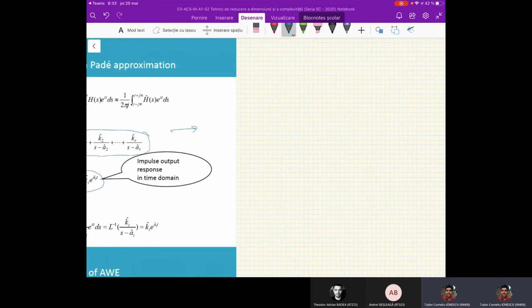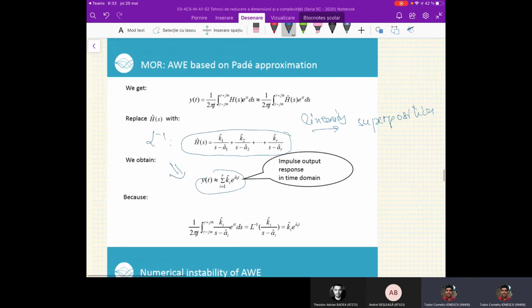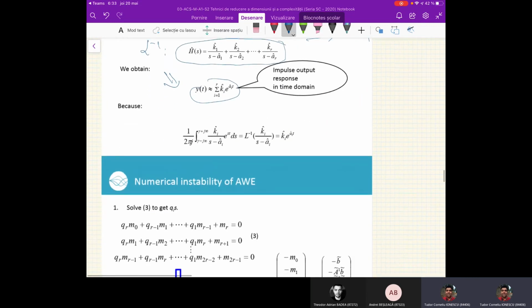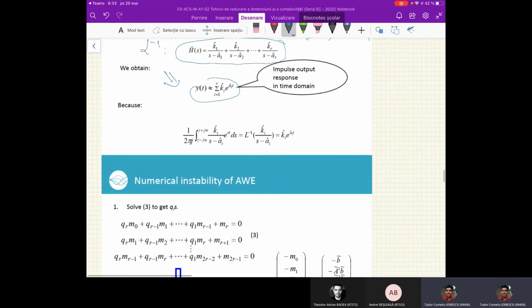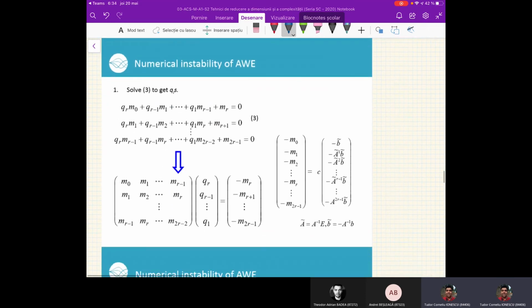So once we have linearity, you get the superposition principle. Okay. So you can easily compute your response. However, this method is numerically unstable, they claim.